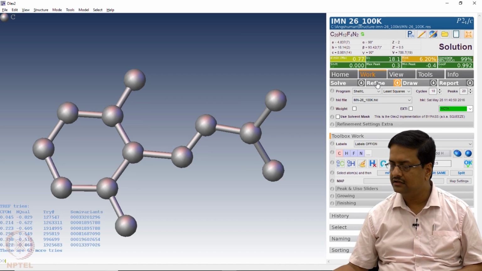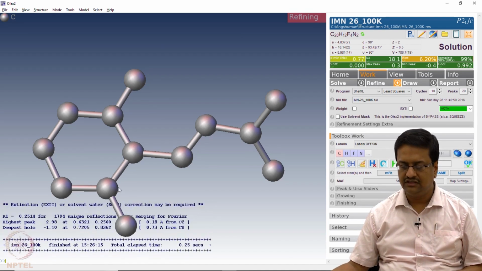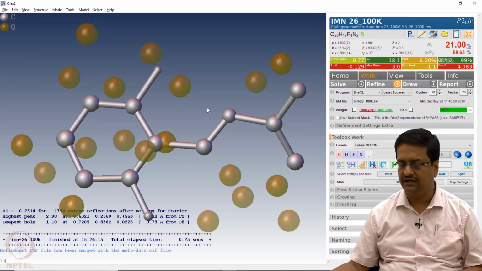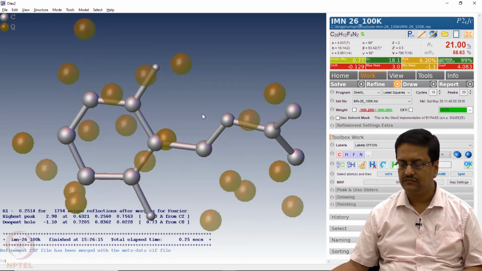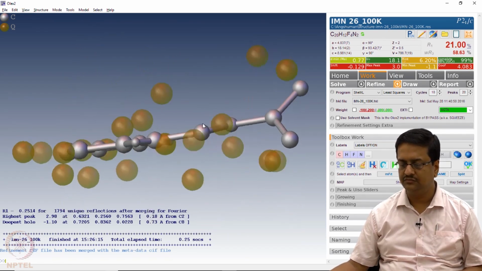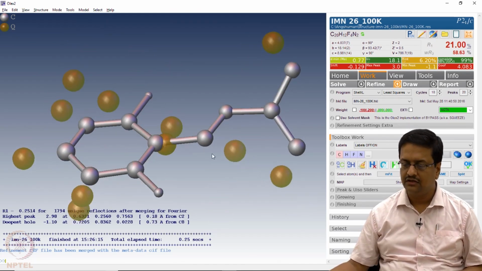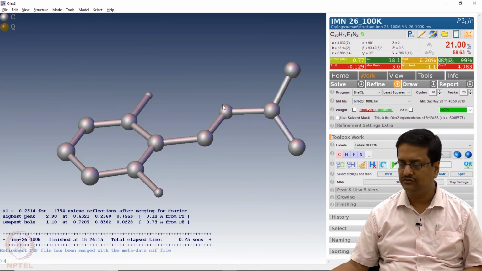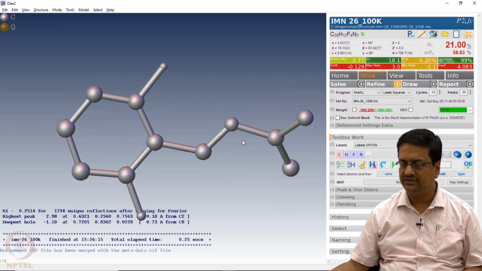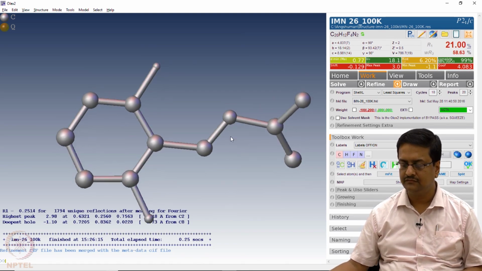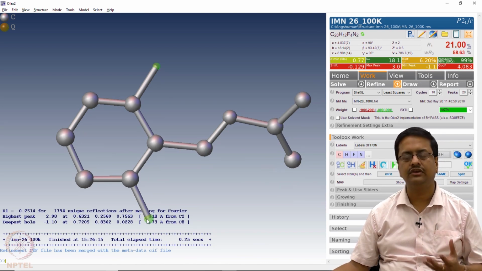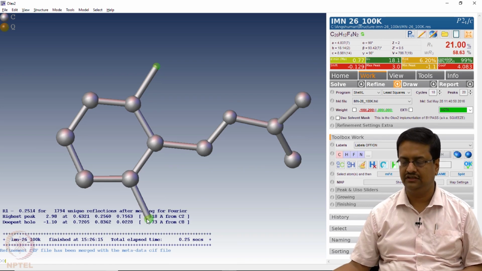If I click refine, you will see in the background it has done a refinement and it has given us more brown peaks which at the moment are meaningless. After removal of those brown peaks, what we can physically see is that these two atoms are looking very small compared to the rest of it.